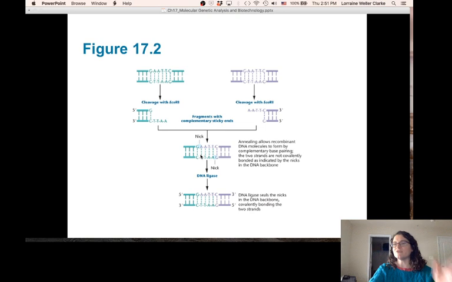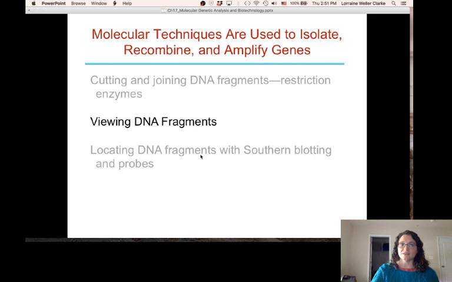So before we're creating the actual product, chopping up the plasmid and knowing how many sites are on the plasmid, and also seeing if you've fully digested the plasmid, you can visualize the DNA fragments that come from it. Okay, so viewing DNA fragments.